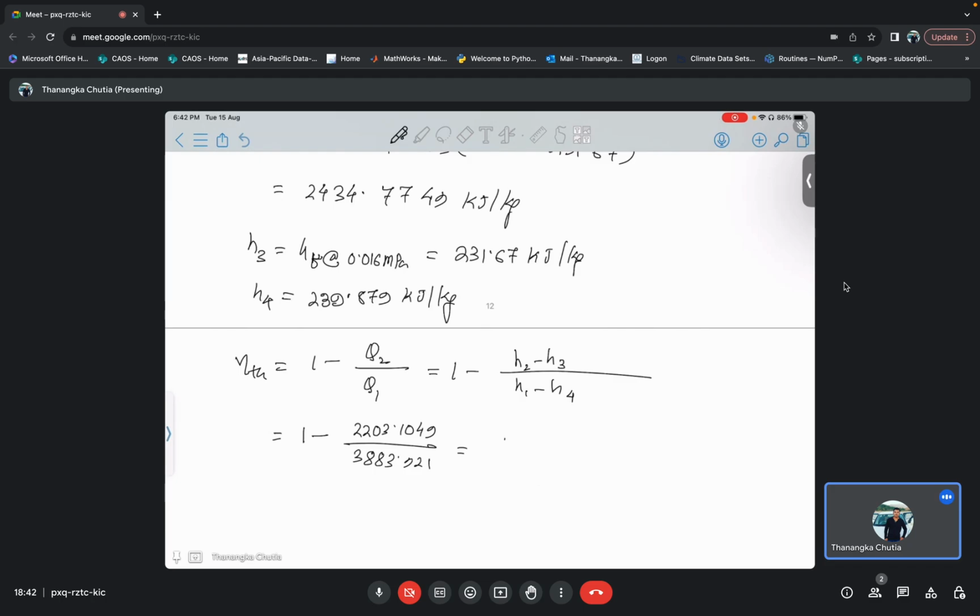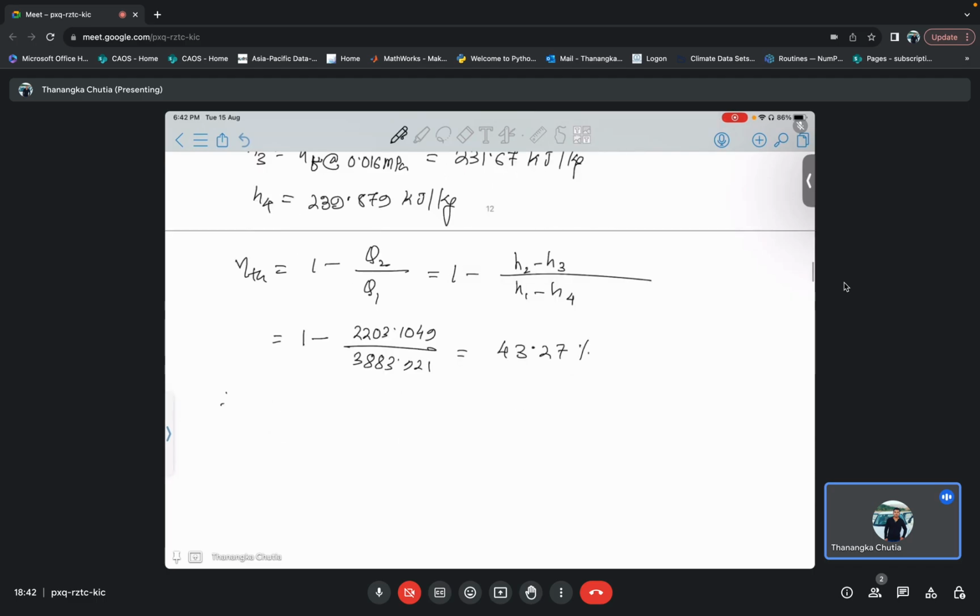So this is equal to 43.27%. Therefore, compared to question number 1, the quality of the steam is improved.